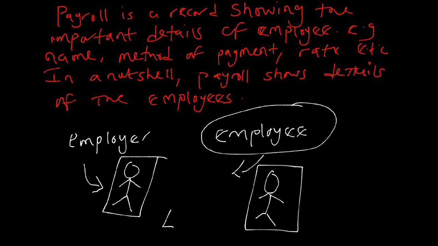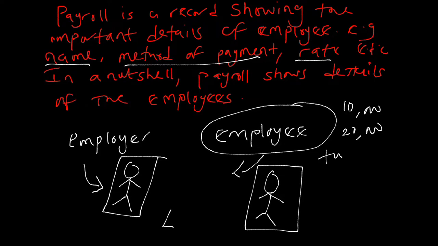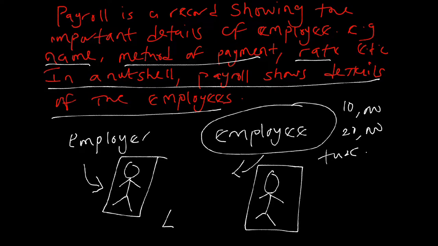Details like their names, their salaries, the method we are going to be using to pay, the rate at which we'll be paying them, if it is 10,000 naira a month or 20,000 naira a month, and the deductions that we'll be making from their salary, like tax, etc. So in a nutshell, payroll shows details of employee. That's what we mean by payroll.